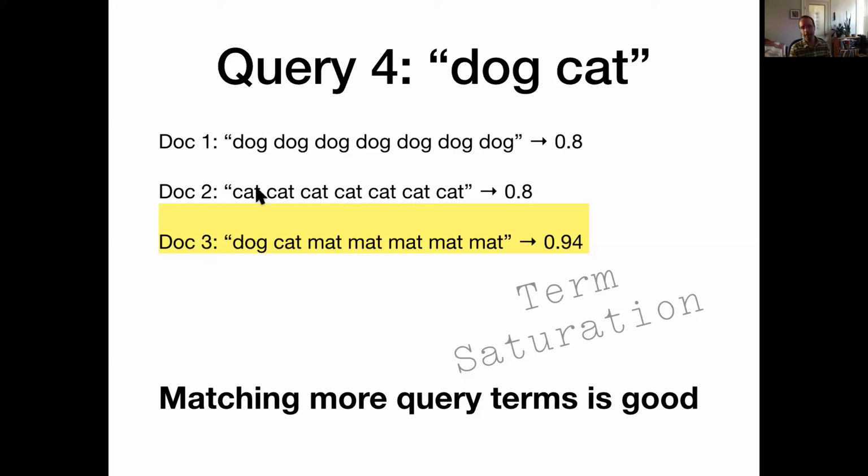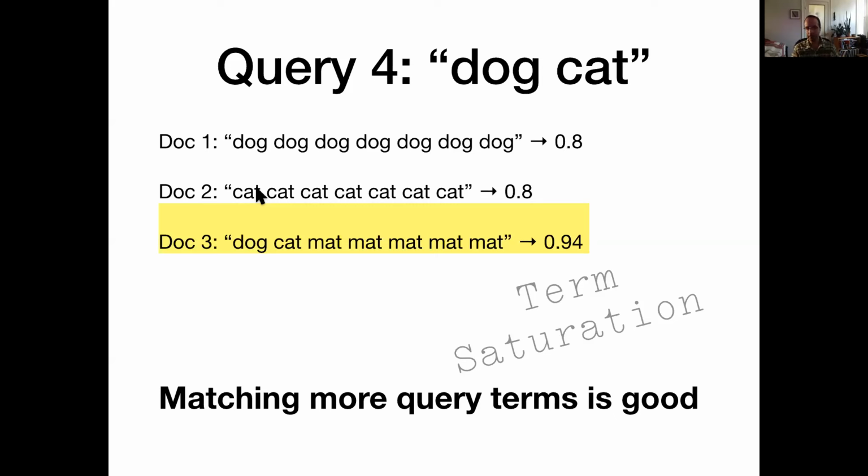This preference for matching more query terms is achieved in a subtle and interesting way through a concept called term saturation. Term saturation basically means that the more times a term occurs in a document, the lower the contribution of each additional occurrence of that term.